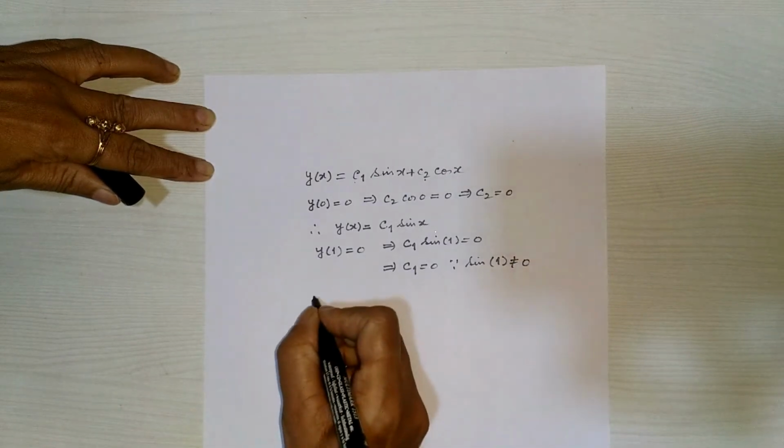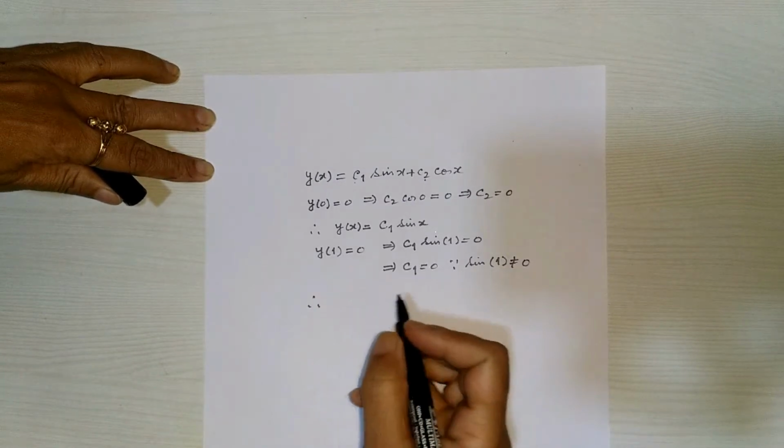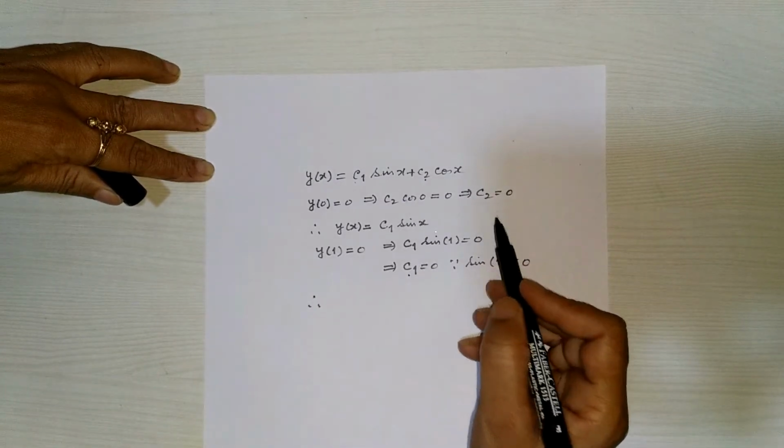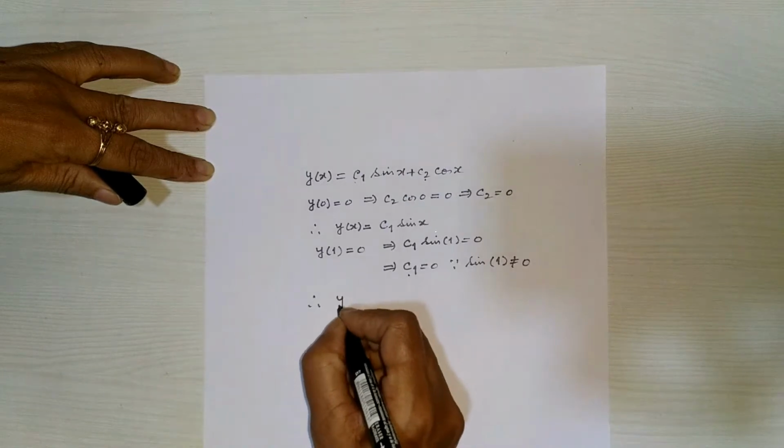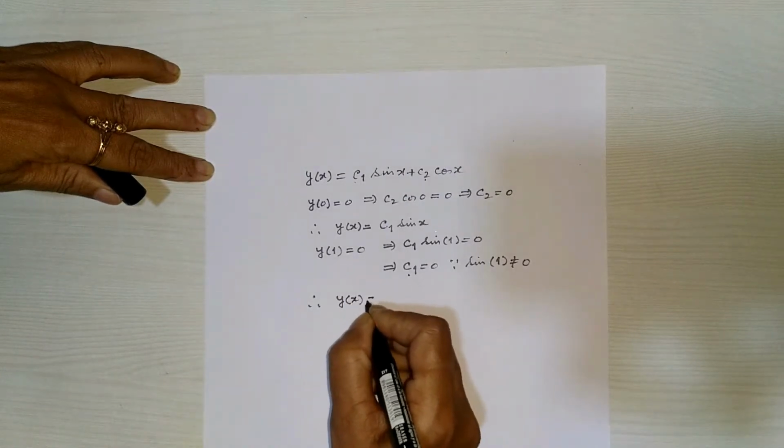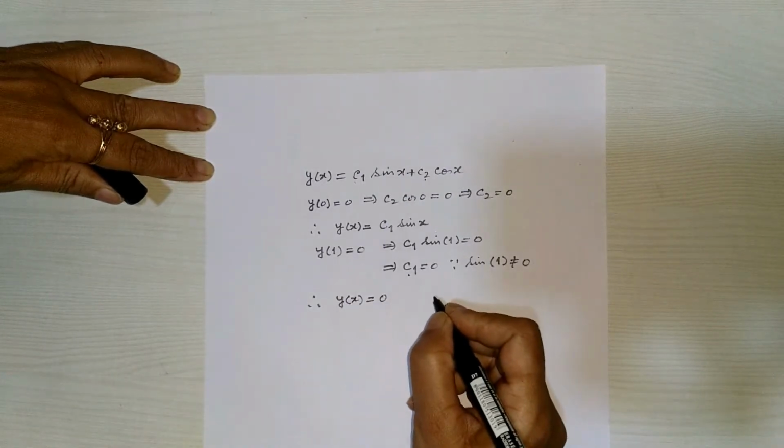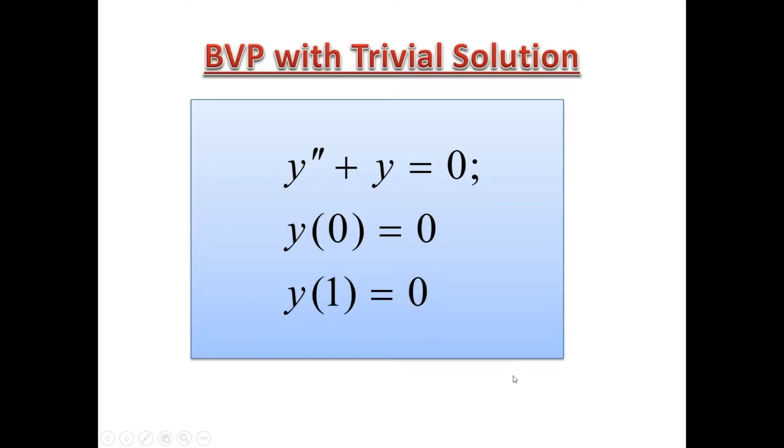Therefore, both arbitrary constants c1 and c2 are 0. Therefore, the only solution is y(x) is equal to 0, which is the trivial solution of this homogeneous boundary value problem. In most practical applications we are interested in non-zero solutions of the system.